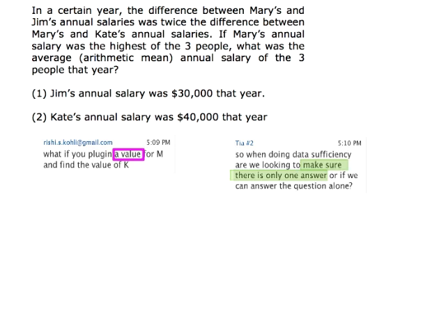There are basically two possibilities here: sufficient and not sufficient. Sufficient means that only one answer is possible, and not sufficient means two or more answers are possible.